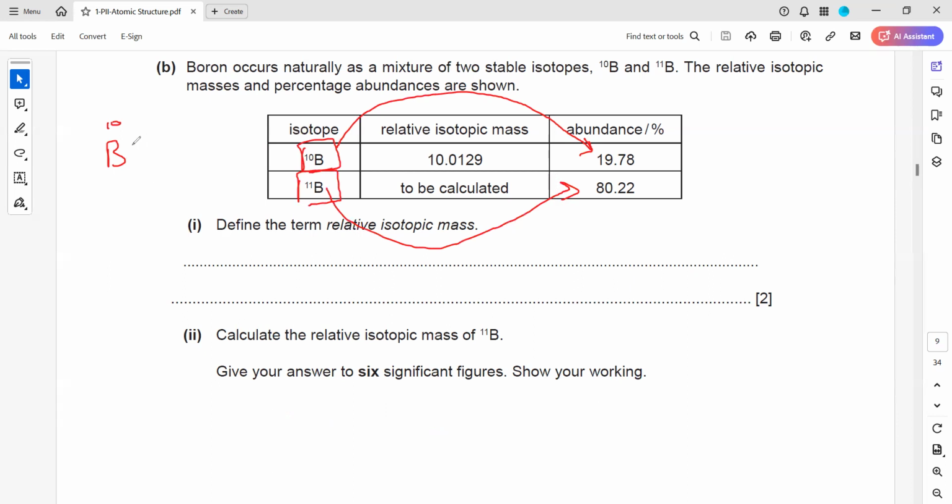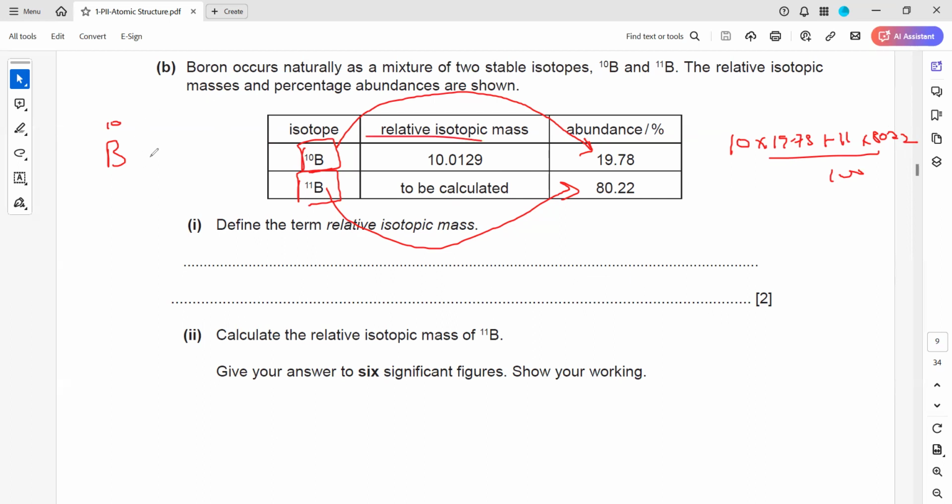So when you take an average, no, I did not use a periodic table. I took an average from this information. So this will be 10 times 19.78 plus 11 times 80.22, divided by 100. That will give an average mass. When percentages are given, we take an average by mass into percentage plus mass into percentage divided by 100.